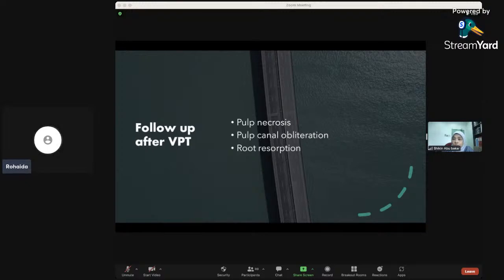Pulp canal obliteration is not to say that the pulp is non-vital, but when it comes to this, for me, I always consult the endodontist.